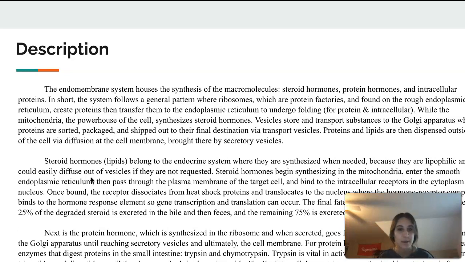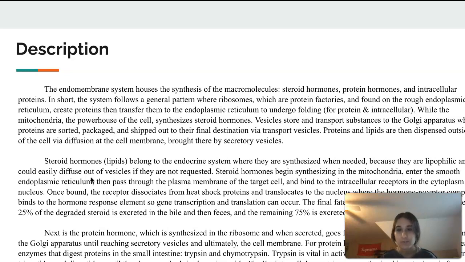Generally, there's a pattern where the ribosomes, which are considered protein factories, which are found along the rough endoplasmic reticulum, create proteins and then transfer them to the ER to undergo some changes like folding. But this is only for the protein hormones and the intracellular proteins, because steroid hormones are actually synthesized in the mitochondria and then pushed to the smooth endoplasmic reticulum before continuing on.